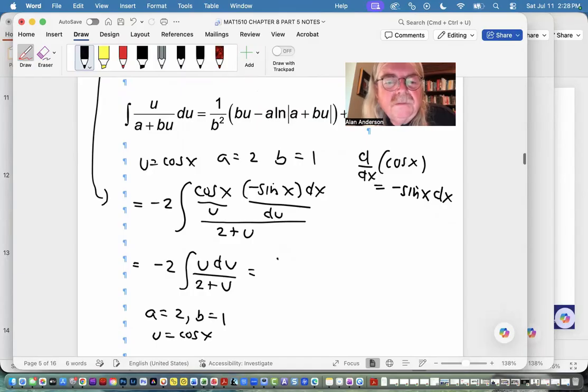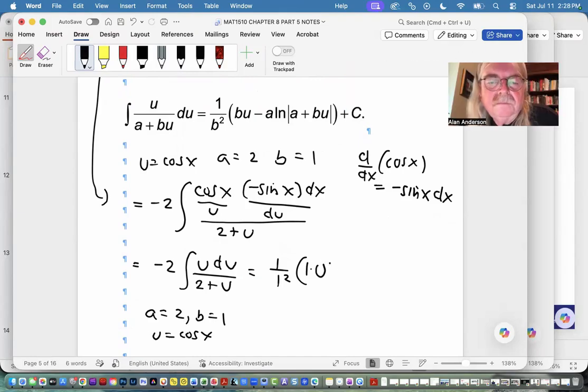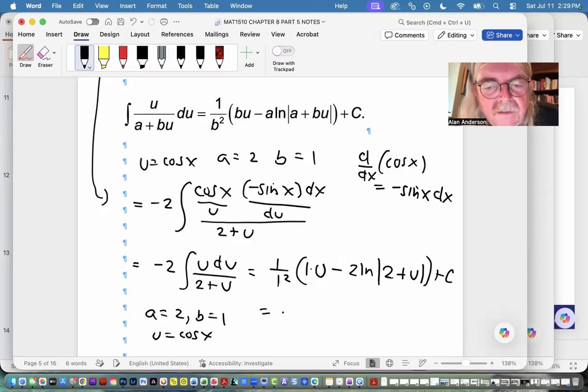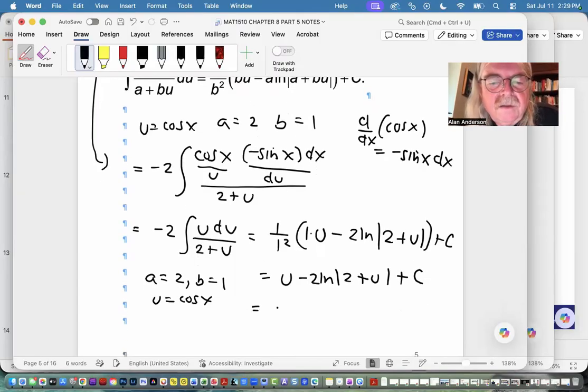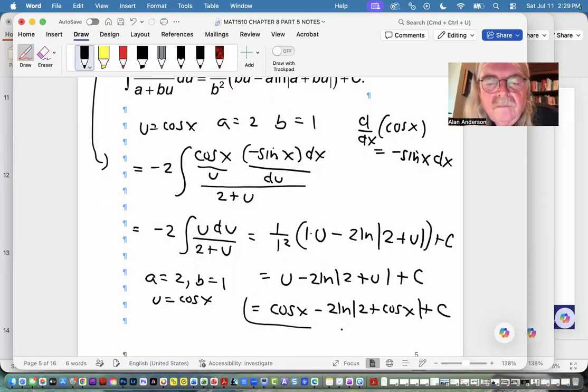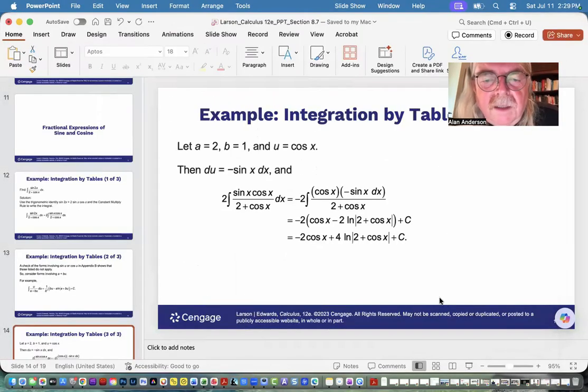So according to this rule, so we have, and of course, U is just cosine X. All right.